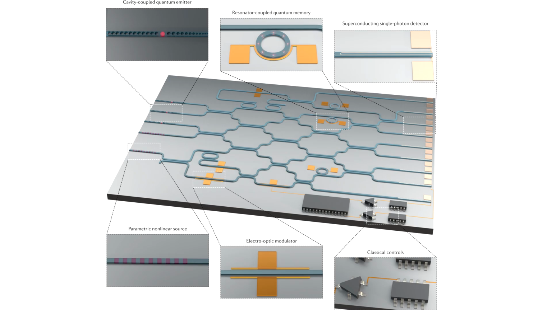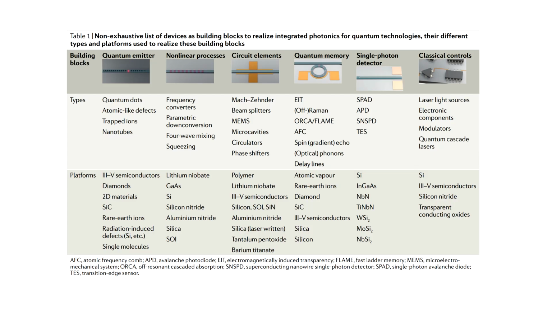And let's see, so I want to show this is sort of the table from the same article in Nature. It talks about the different ways that you can implement these components, and so you can see that for a quantum emitter you could use quantum dots, but you can also use trapped ions and nanotubes, and the same for many other ones.